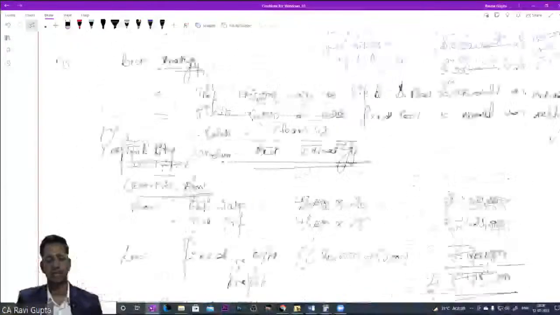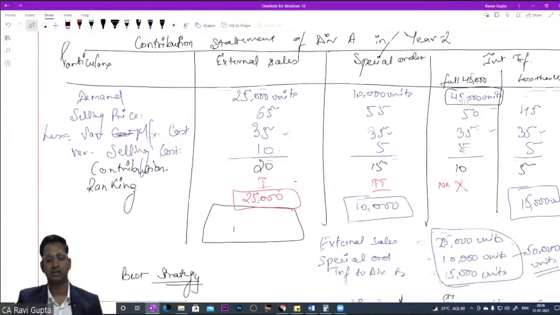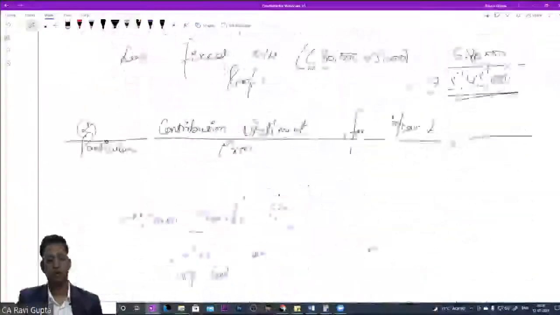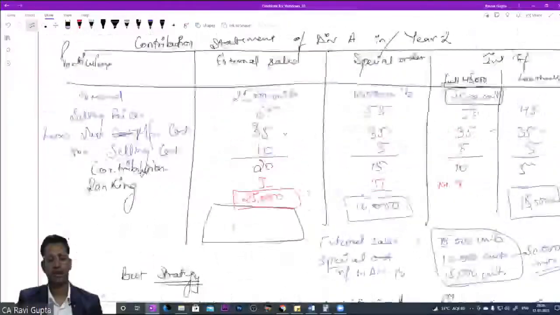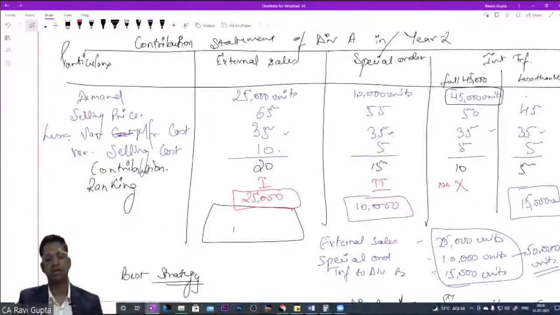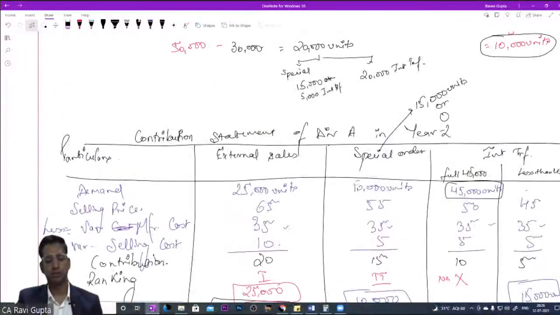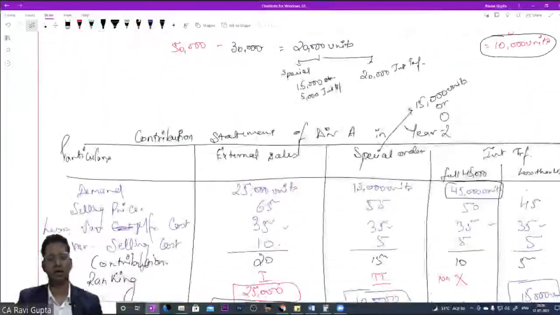So what is that external sales? We have sacrificed our external sales or a special order. In both cases, we could have earned 20 rupees.